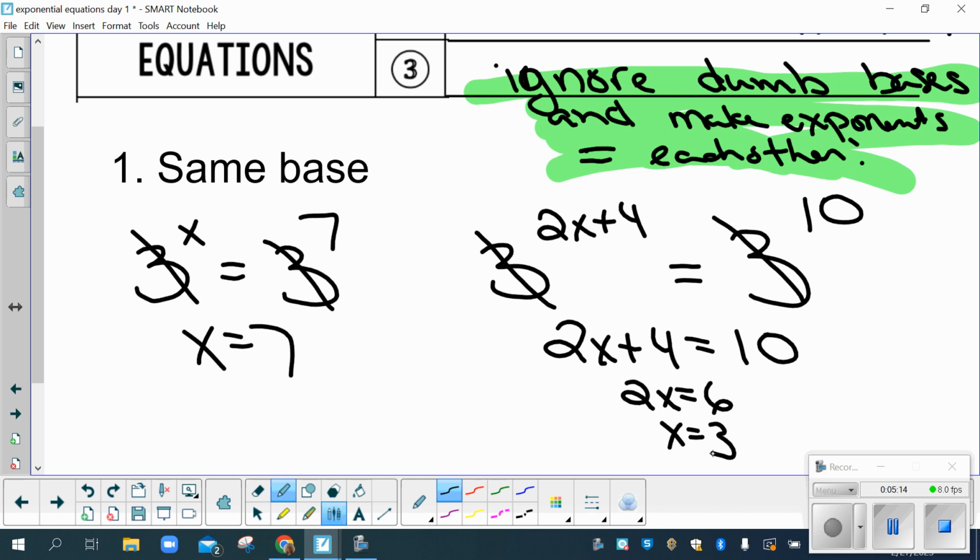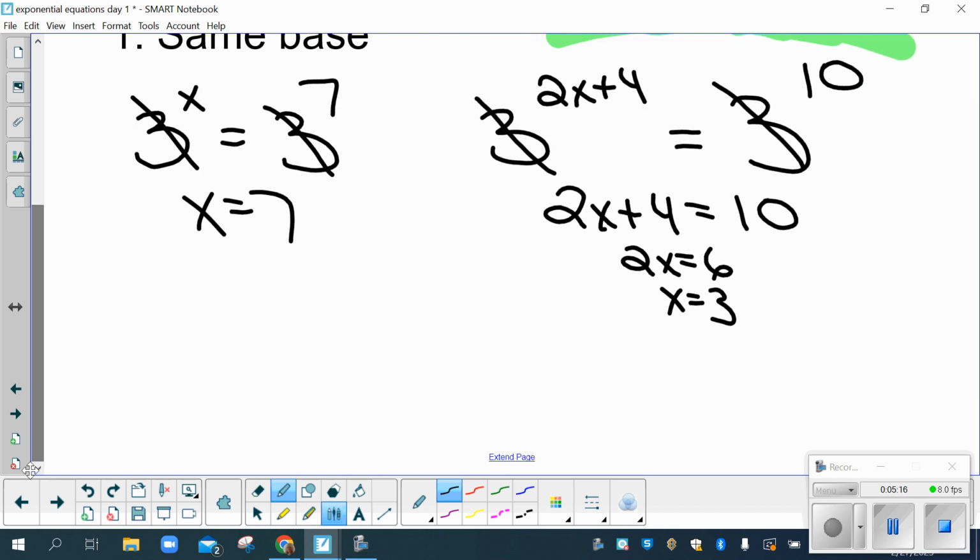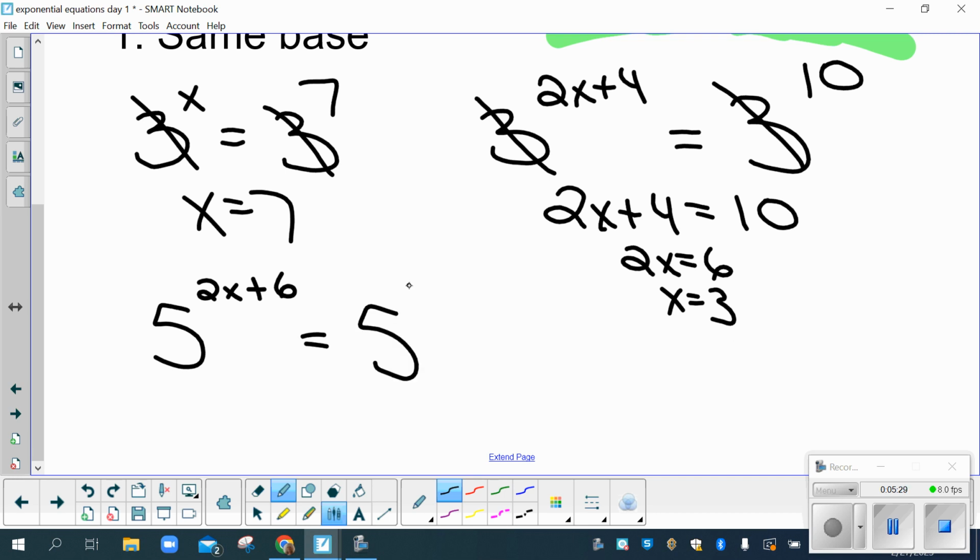Okay, try this one on your own, my little lammies. Here we go. How about 5? Ooh, new base. Try that one. It's scary Algebra 1.